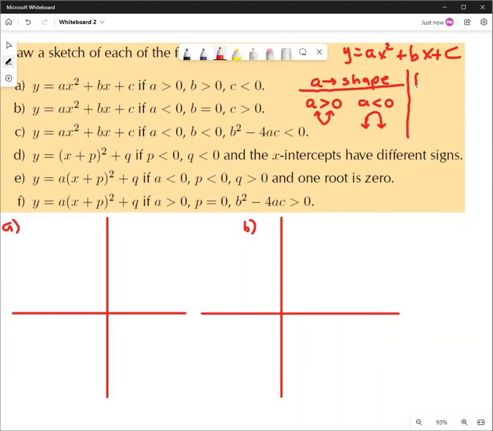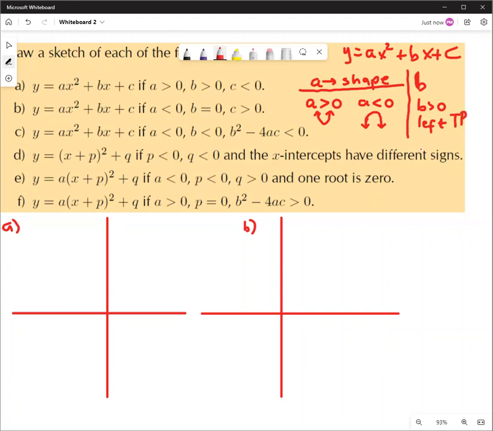b tells us where the graph is going to be turning. If b is positive, then our graph is going to turn on the left. It's opposite. So if it's positive, our turning point is going to be on the left.